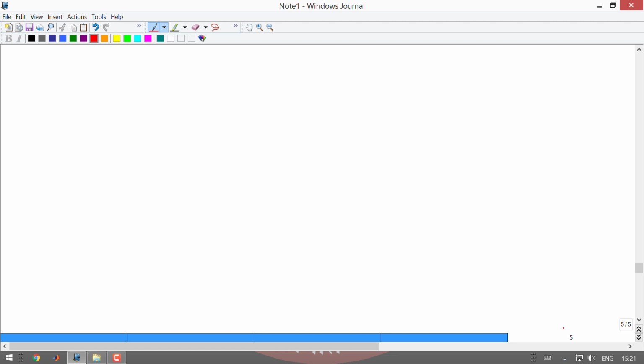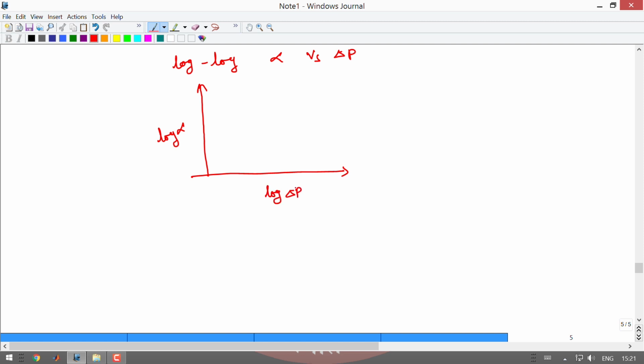In the second part, from the table, I am going to plot the log plot of alpha versus pressure drop. I am just giving the rough plot here, log alpha versus log delta P. It will come similar to a straight line if you fit the points.